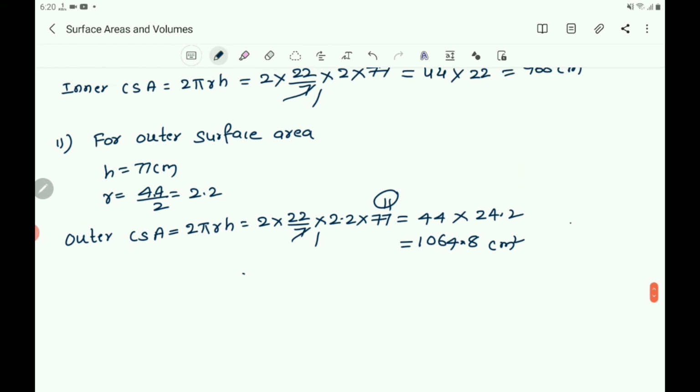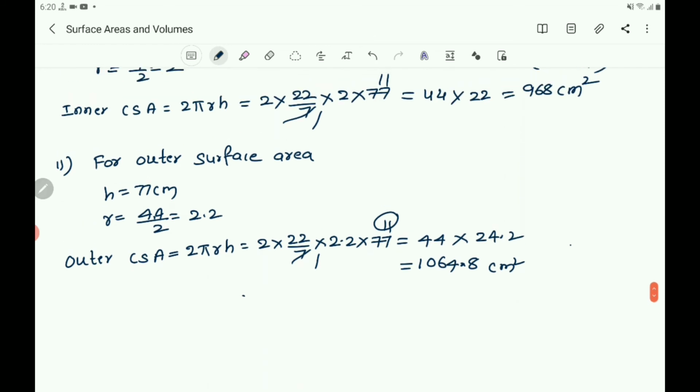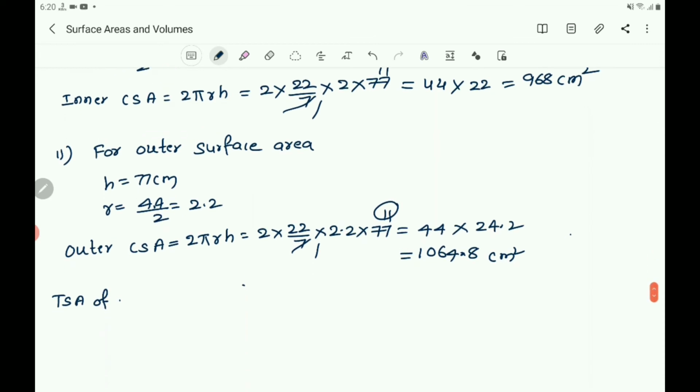So here you write the TSA of the pipe equals inner CSA plus outer CSA plus area of two bases.